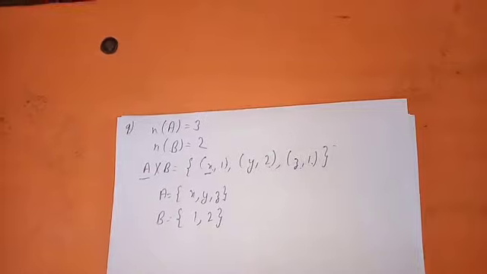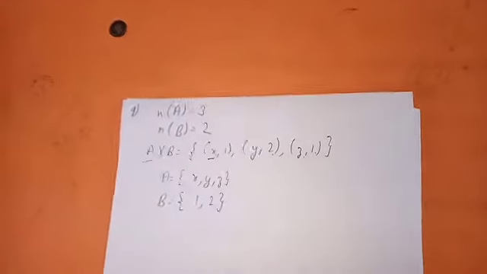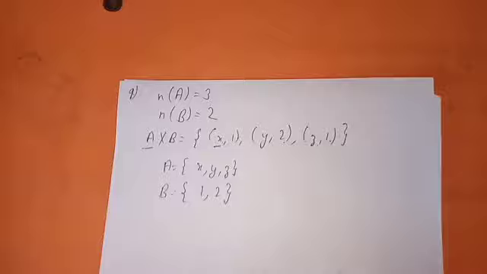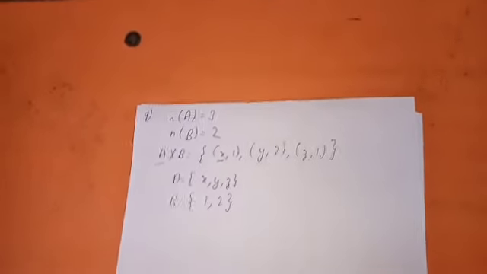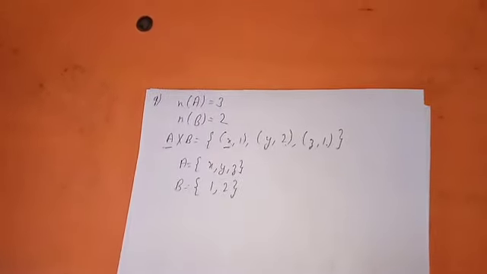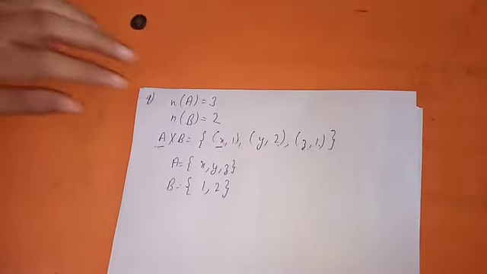Okay, last question. The Cartesian product A cross A has 9 elements, among which are found (-1, 0) and (0, 1).